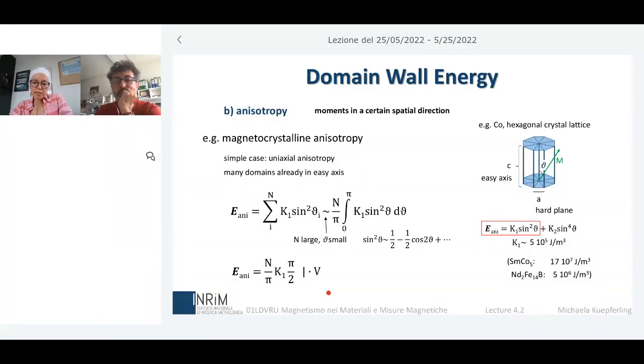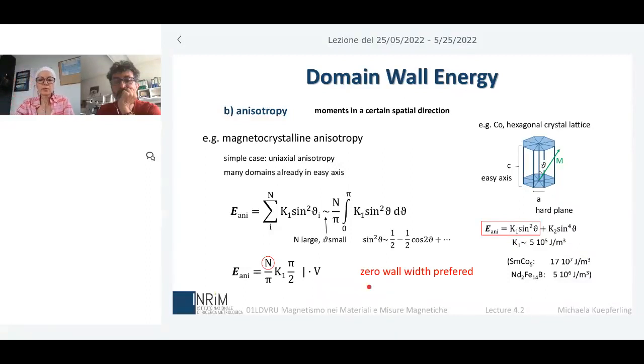We have still to multiply by a volume, because this is an energy density. I did not mention this at the beginning, so we have to multiply by some kind of volume.